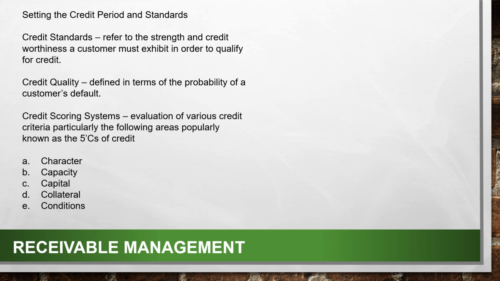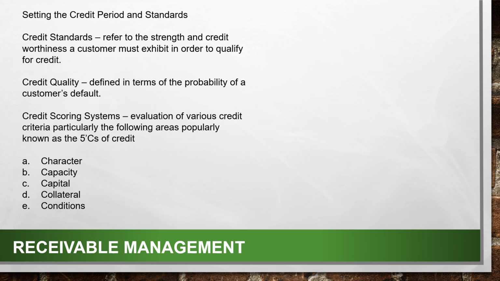So if the character is good, then extend more credit, like encourage the customer to take credit. But if the character is bad, if possible, you will just eliminate that person, no? Okay, so eliminate that customer because it will not do good for your business.